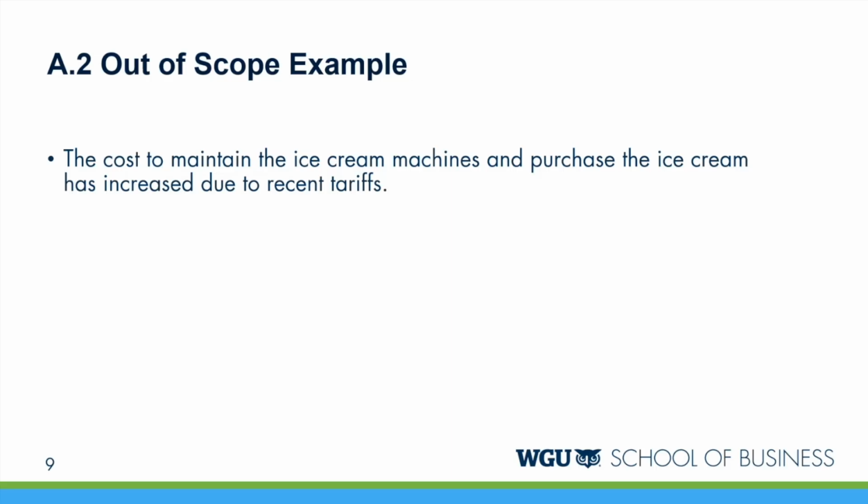The employer is providing this all you can eat ice cream, and they're wondering, does anybody care? Are they taking part in this? Besides the fact that the cost has increased for the employer, which obviously is going to influence their decision a little bit, that's not what we're solving for. So that's outside of the scope.